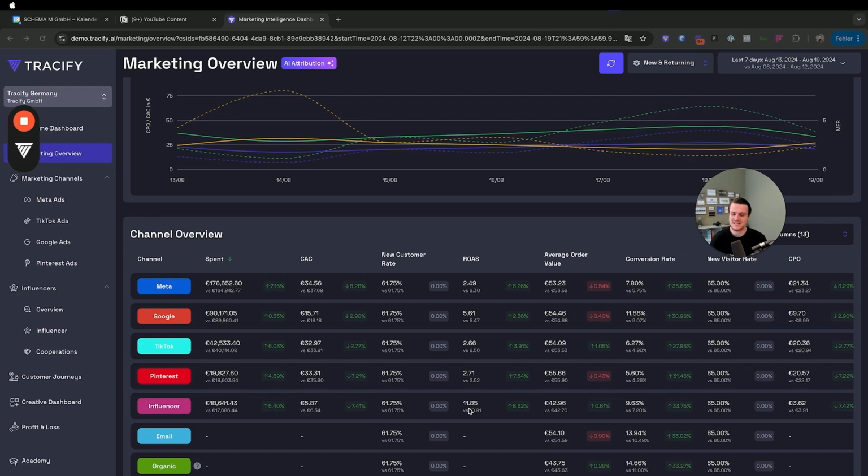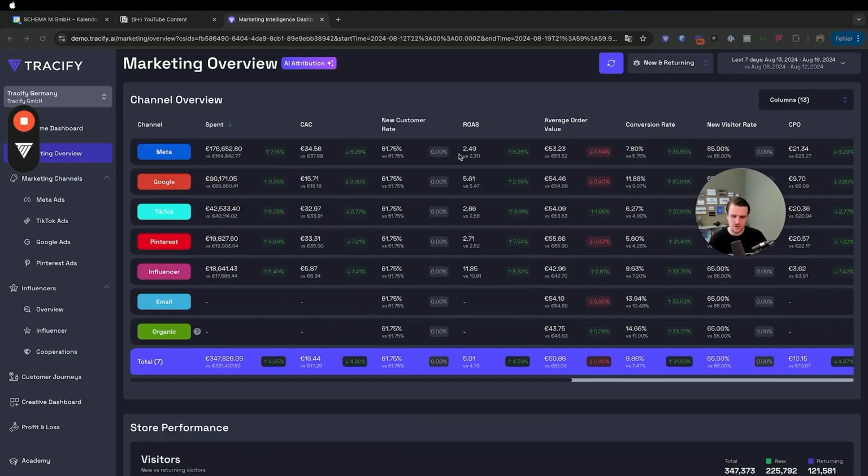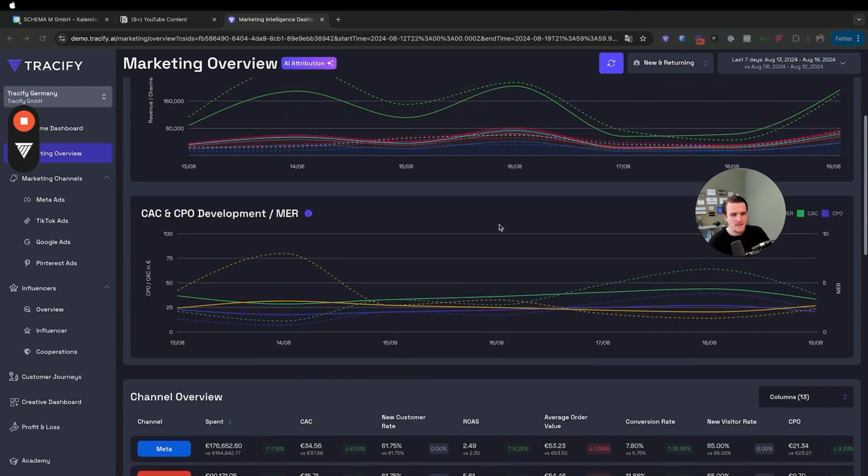So this is how I try to understand the dynamics between the channels, and I always double check, okay, top customer acquisition cost is currently up, so we want to scale down. Where are we suffering efficiency? And then I look at the channels, and then I look at the attribution of the channels. And then, for example, for 2 days or 3 days, I say, okay, I will downscale TikTok now. Let's see what happens.